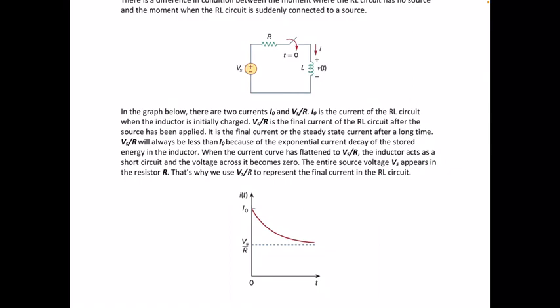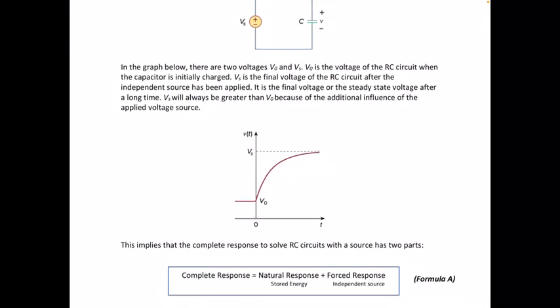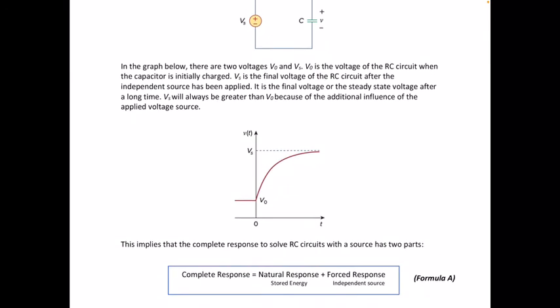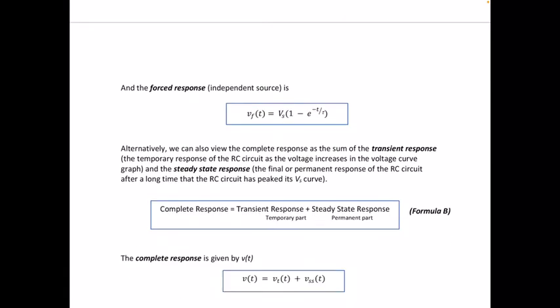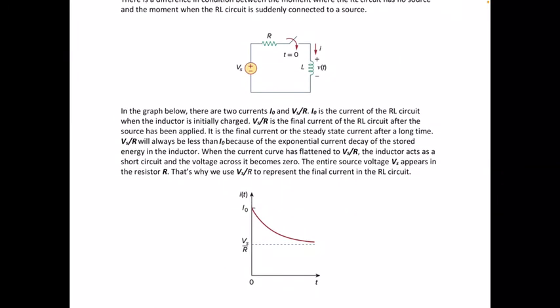So they are quite opposite to the RC circuit with a source, because in the RC circuit case, the voltage source somehow supplements the voltage of the circuit, which increases the magnitude of the final voltage to Vs, while in this case the final current is less than I0, or the initial current.